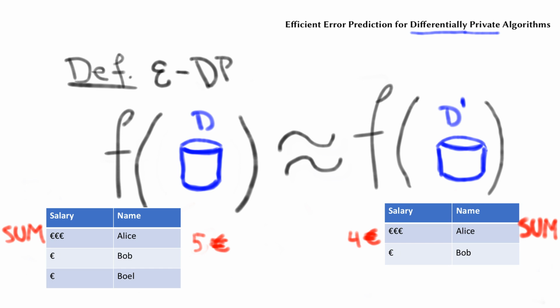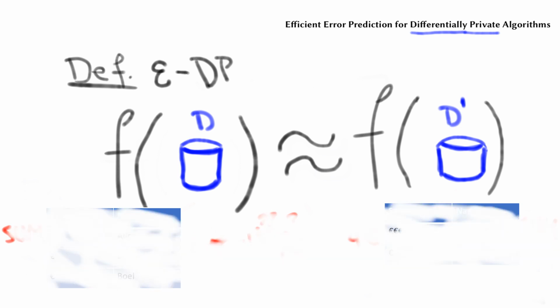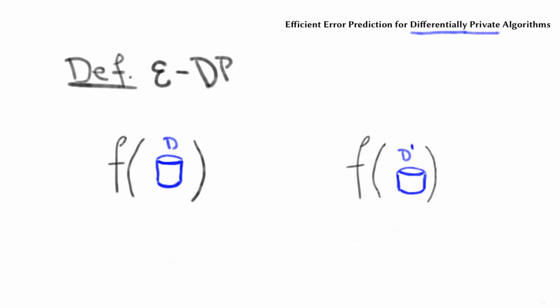Basically, how can we define this notion of almost the same? In other words, how close should the results be? This is where the definition of differential privacy comes in. Here, the question of how close is answered by epsilon, the variable that I mentioned earlier.